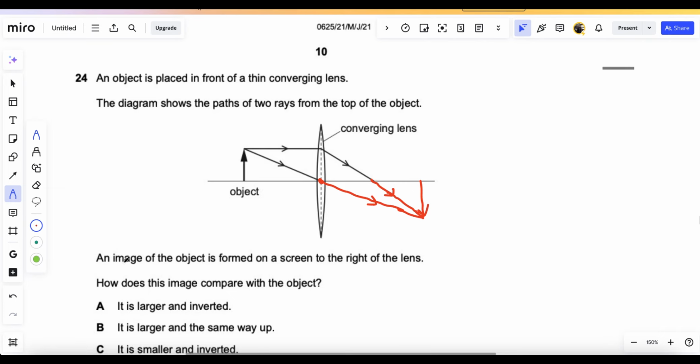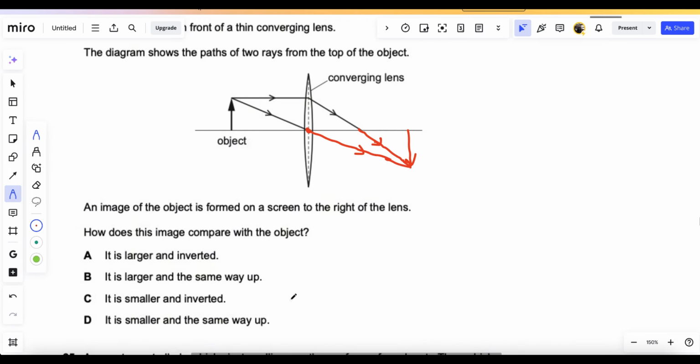So you say an image of the object is formed on a screen to the right of the lens. How does this image compare with the object? It is inverted. That's true. And it's larger. If you use a ruler, you will see it clearly.